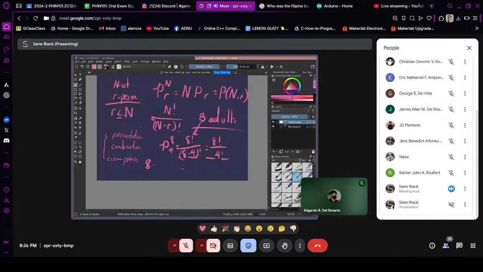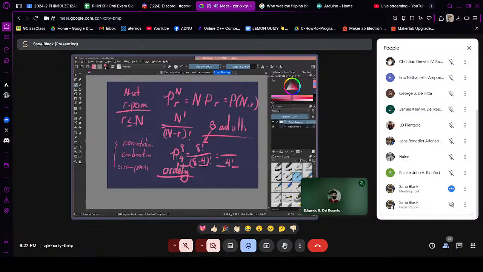You can cancel these out, and you get 8 times 7 times 6 times 5. So that's a simplification. You can also do this for any amount of numbers, like 8 factorial over 2 factorial, 2 factorial, and 4 factorial. Then you can expand this and cancel for each. I hope that makes sense.